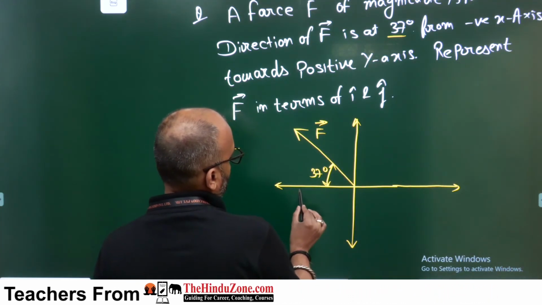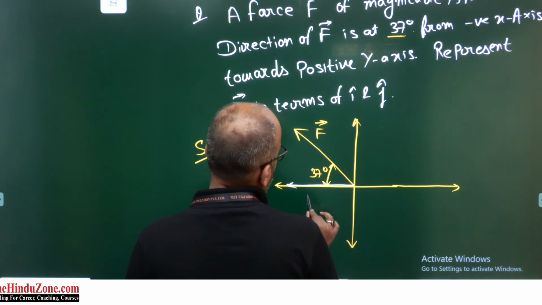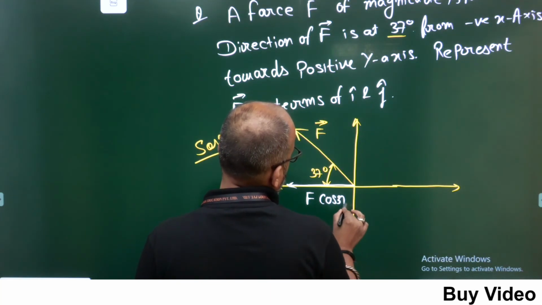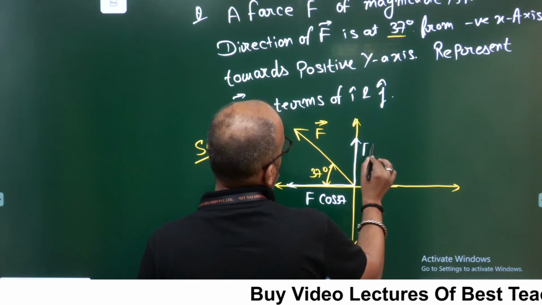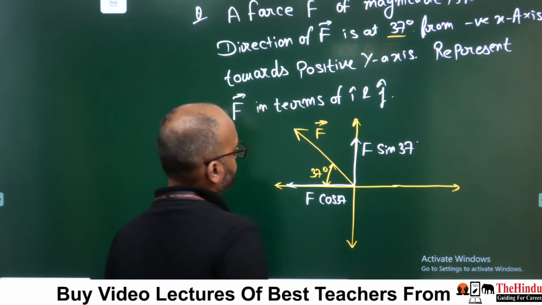But let's do it this way. So this will be f cos 37. This will be f sin 37.